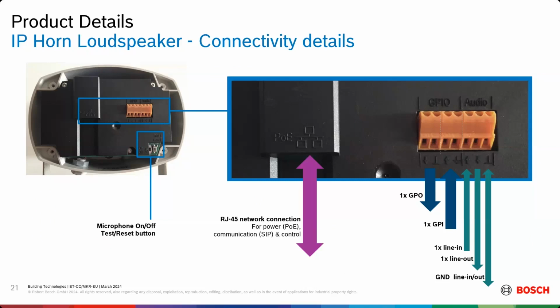And second, the audio terminal with one line in and one line out. Below, we have an on-off switch for the microphone. And there is also a physical button for test and reset purposes. So this button will perform different actions depending on how long you press it.